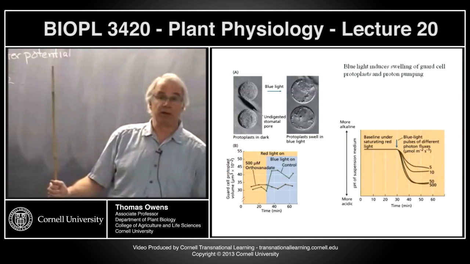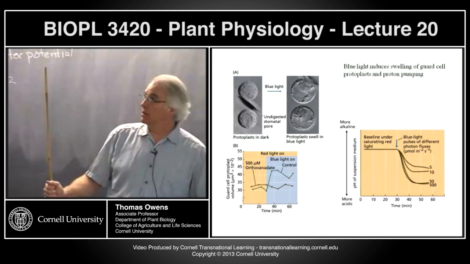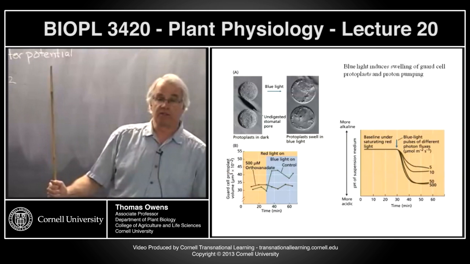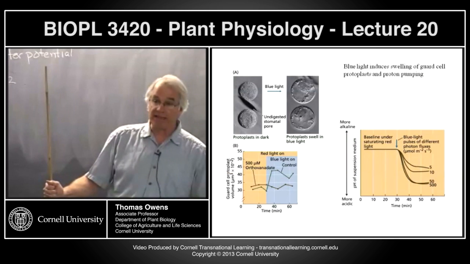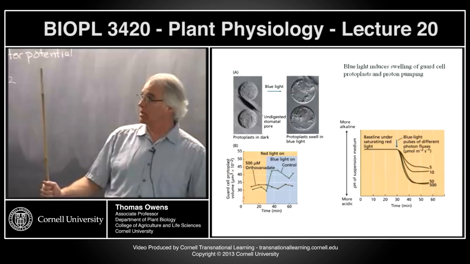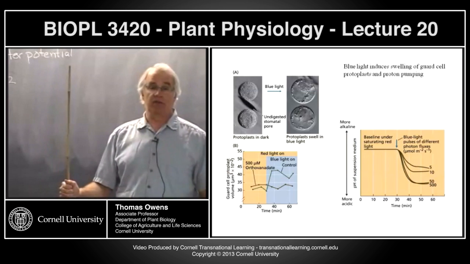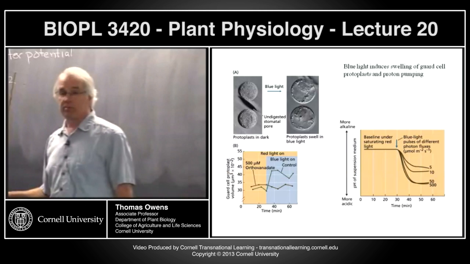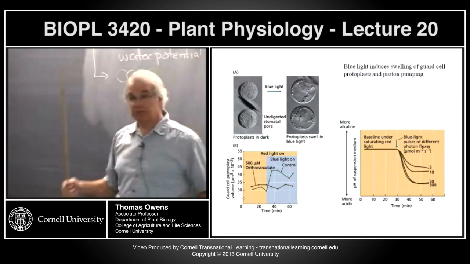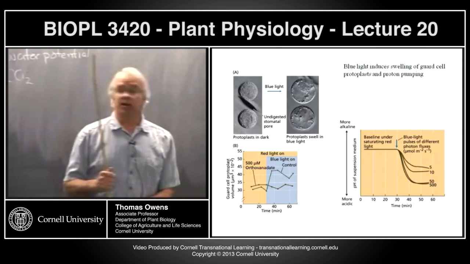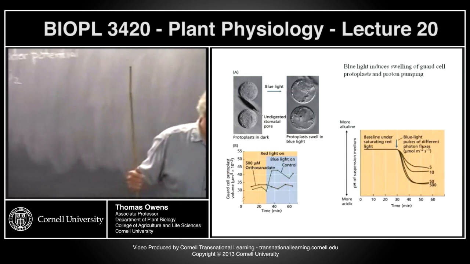Okay, so it's pretty clear that one end of the signal transduction pathway that begins with the blue light receptors in guard cells is changing the activity of the plasma membrane proton pump. And then that proton pump is presumably having some effect on the distribution of other solutes in the cell.